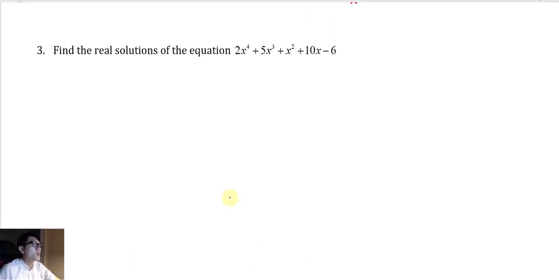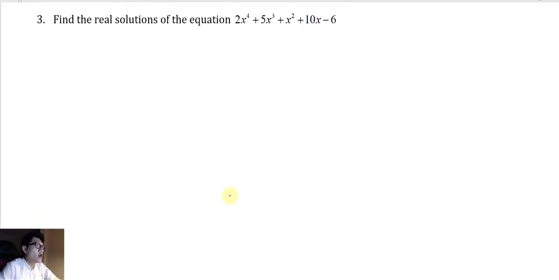So what does that mean? I have no idea how to find the solution to this 4th-degree polynomial directly, but I can use the rational zero theorem to find a list of possible values that I can test to see which one is the solution to the polynomial.